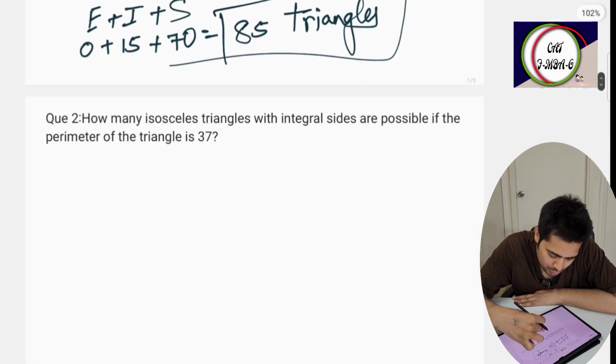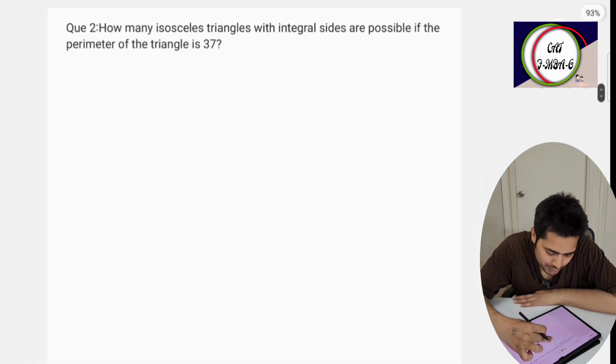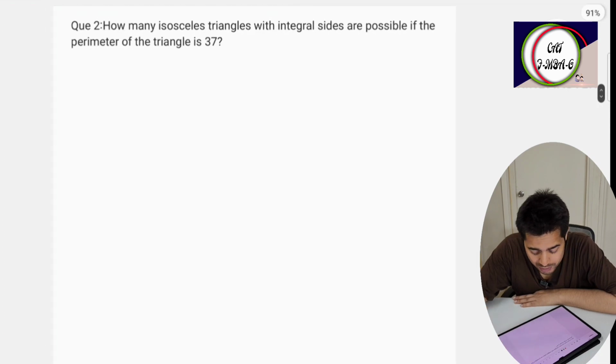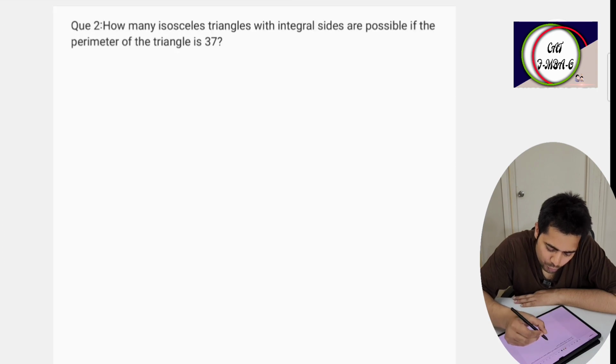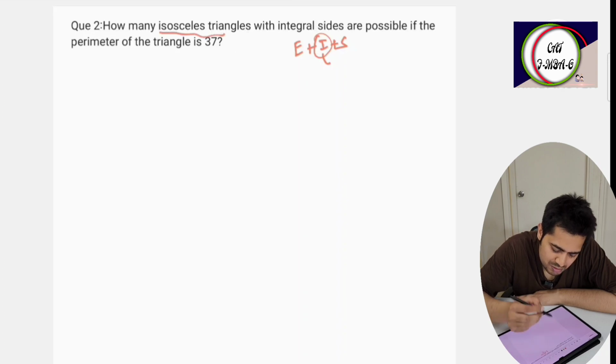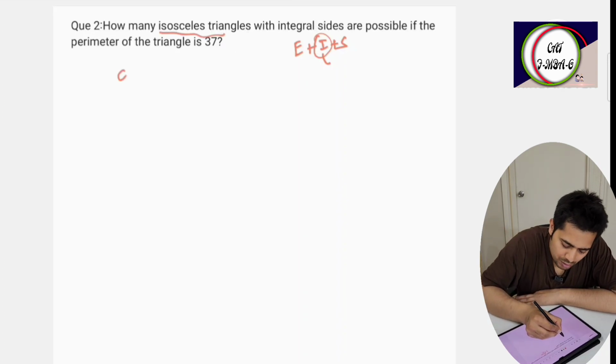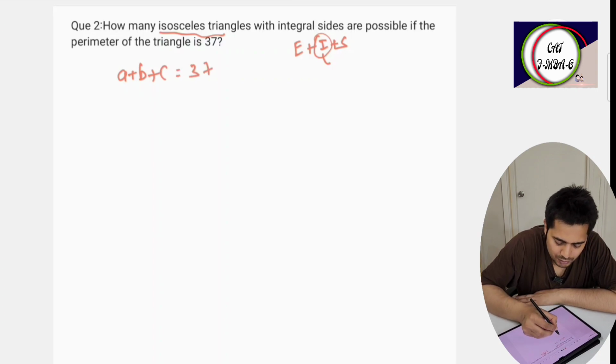Let us see another question. You will get confidence. How many isosceles triangles with integral sides are possible? Here we do not have to find E plus I plus S. We have to find only I, only isosceles. The same approach is here. A plus B plus C is equal to 37.